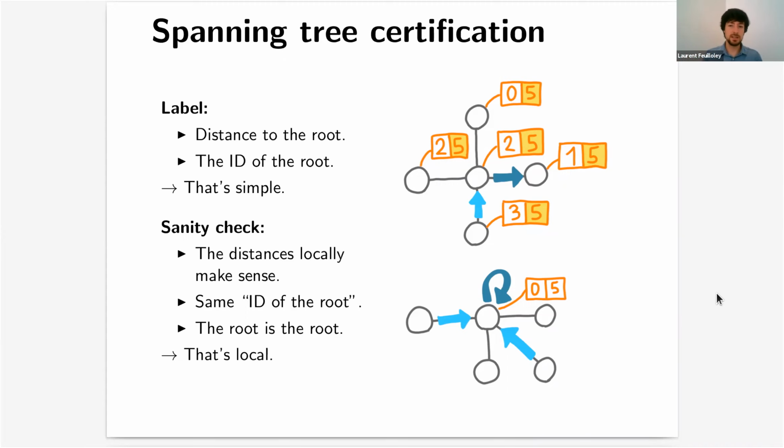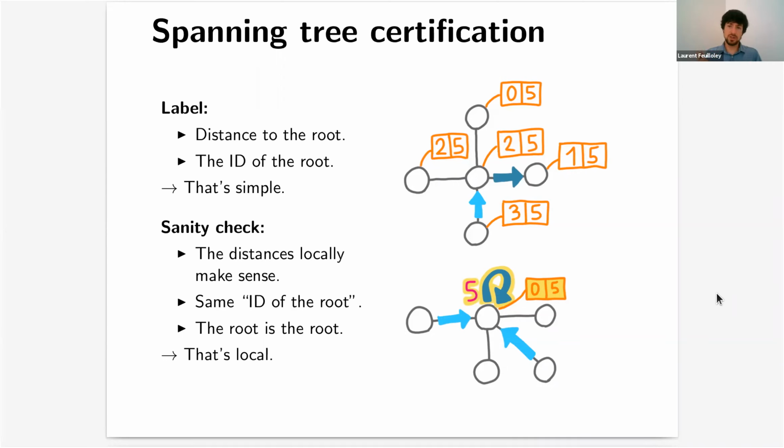Nice. And now there is one node that is a bit special, as we said before, which is the root. And so here the sanity check is the following. The 3 following conditions should hold together or should not hold at all.